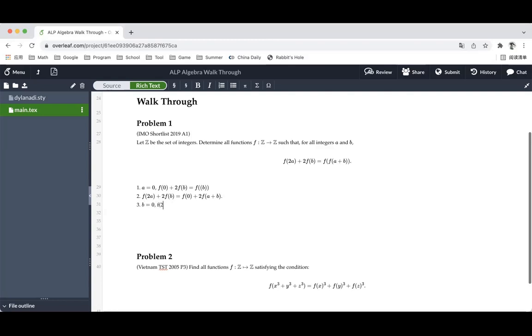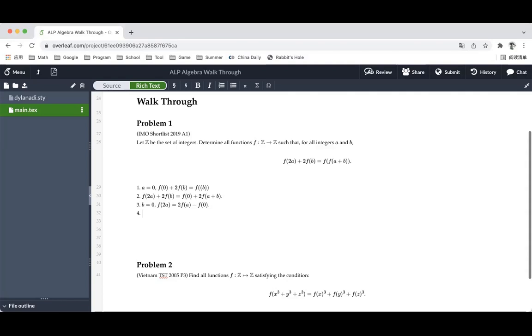Then we get f(2a) = 2f(a) - f(0). It is pretty obvious and does not need any further explanation. So what we now get is that f(a) + f(b) = f(a+b) + f(0).